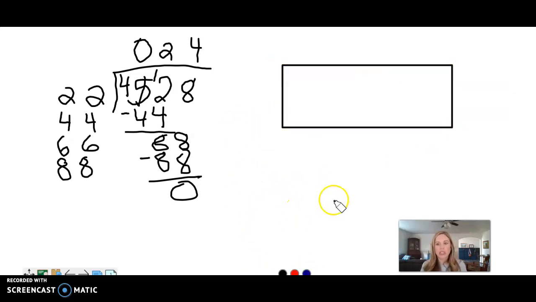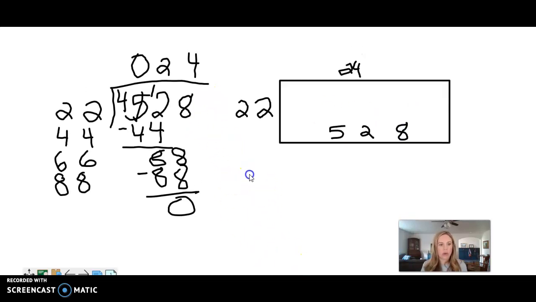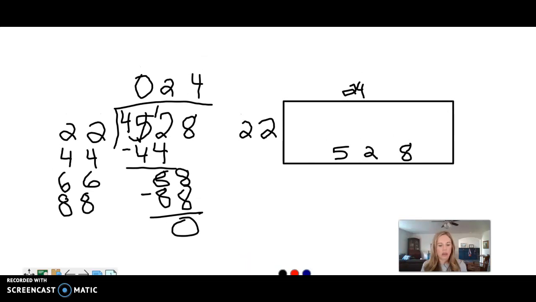Okay. So if area shows multiplication, I know that if I multiply the length times the width, I would get the area, or the inside. And so according to this, if we multiplied 22 times 24, we would get 528.